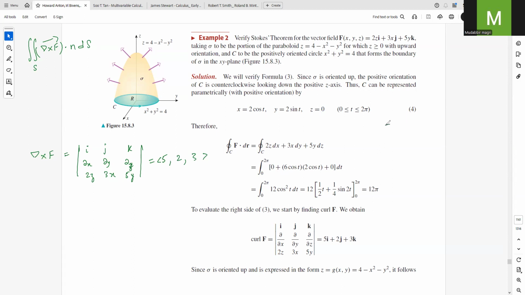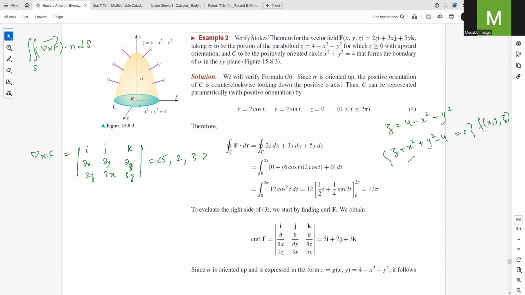Now consider that this surface is some level set of this function, and if we find the gradient of this function of x, y, and z, we will get the normal vector to the surface, because we know that the gradient is normal to the surface.